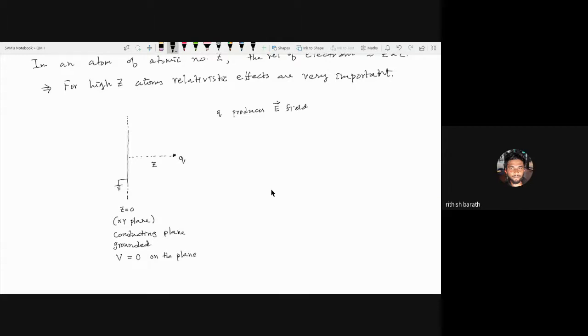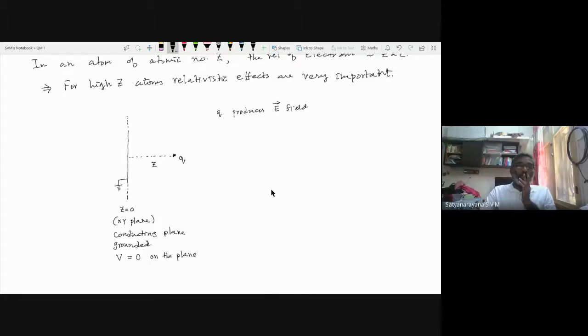Yeah, so Q produces electric field, and then the conductor, or the conducting plane, responds to the field by redistributing free charges on the plane.